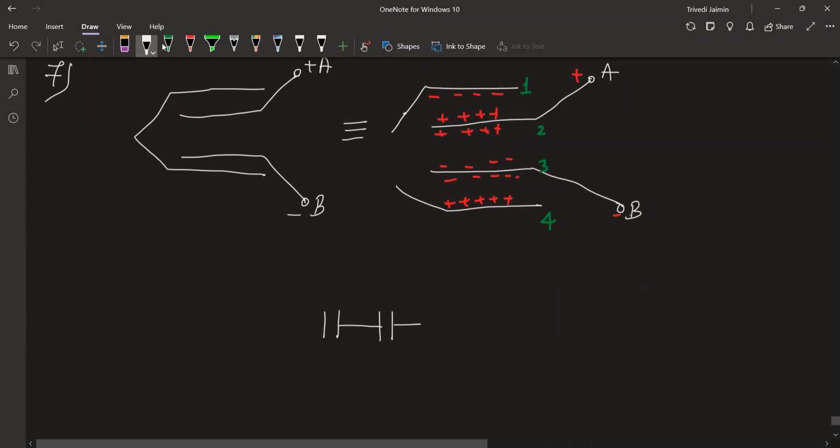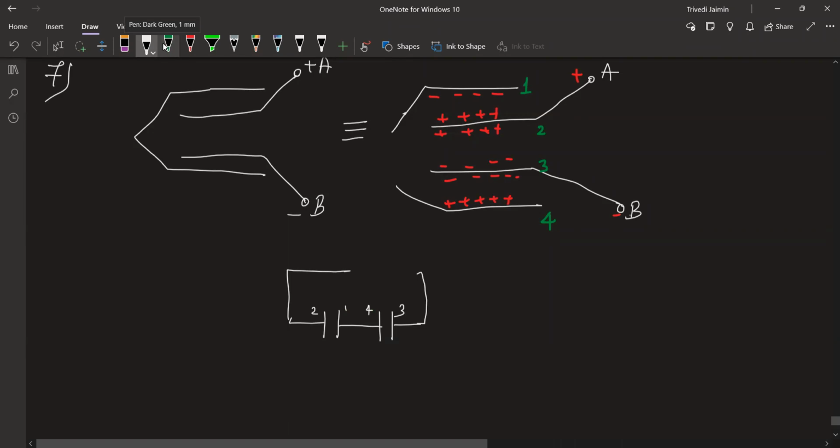So 1 and 4, 3, and 1 is connected to 2. And 2 is connected to 3 and 3 is connected to 4.